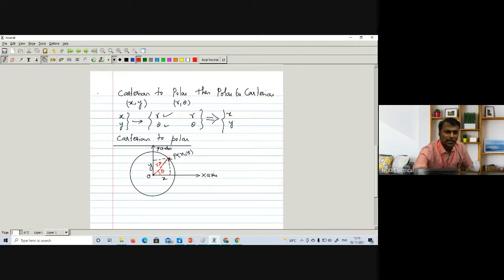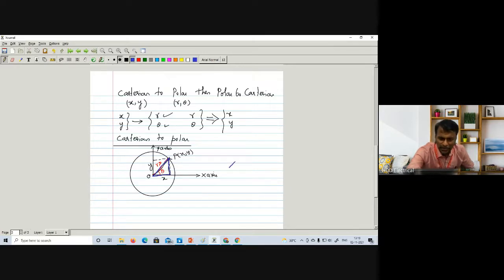For that, when you go through this diagram, we come to know that this is one right angled triangle, right? Let me mark it in a blue line. So this is called a right angled triangle.